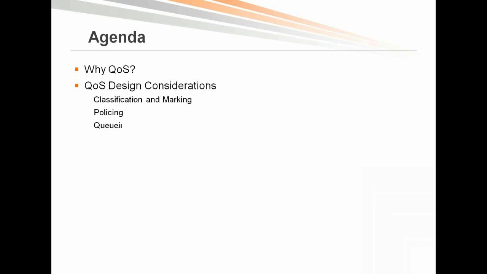And then some design considerations from the classification, marking, policing, and queuing perspectives of quality of service, the main foundational components. And we'll dive in from a fairly high level about things that you should look at even in your current policies that you may want to modify based on recent changes to RFCs and things of that nature.